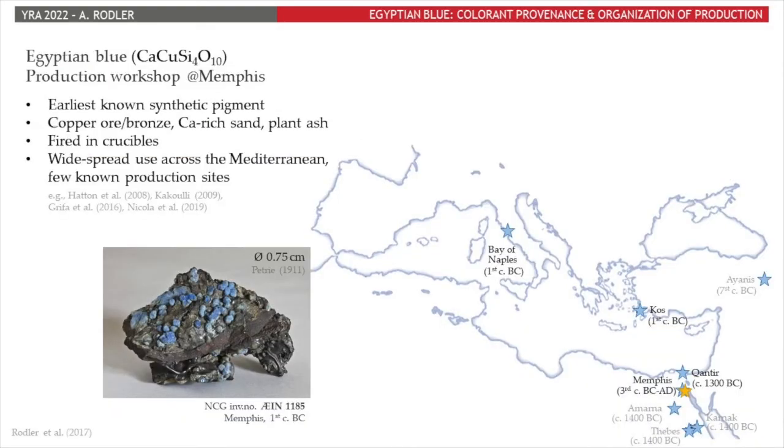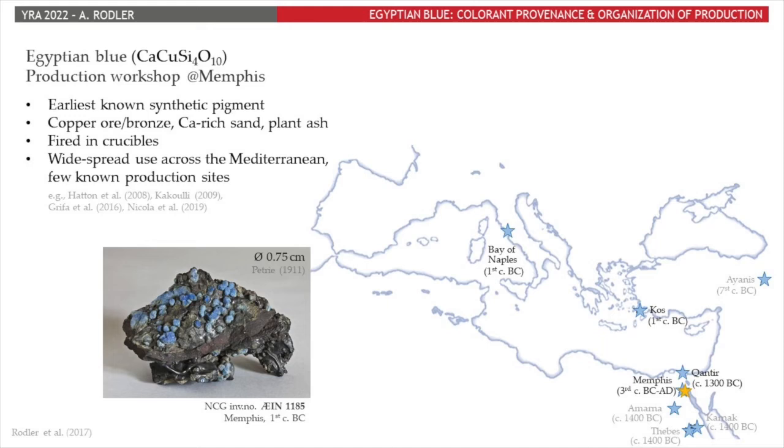First, to give you an overview: in Egyptian blue, the copper compound is what gives the color, and that's also what we can trace, so the provenance of the copper, first and foremost. This is the earliest known synthetic pigment, and it uses copper ore or bronze scrapings, as well as calcium-rich sand or quartz sand, with calcium added, and then plant ash as a flux.